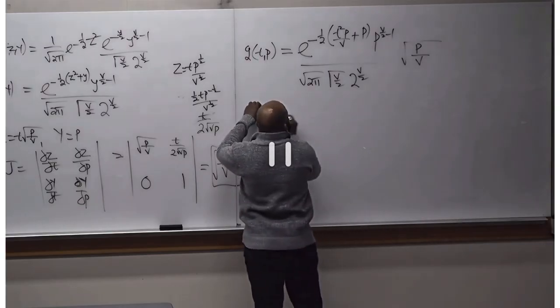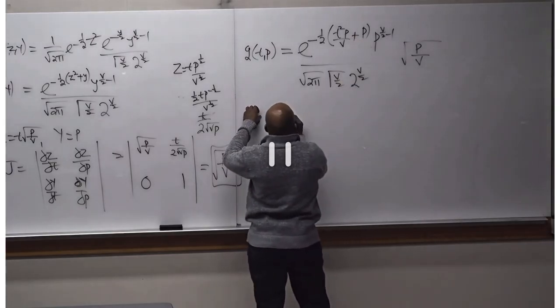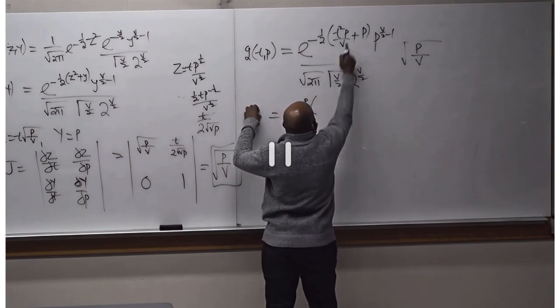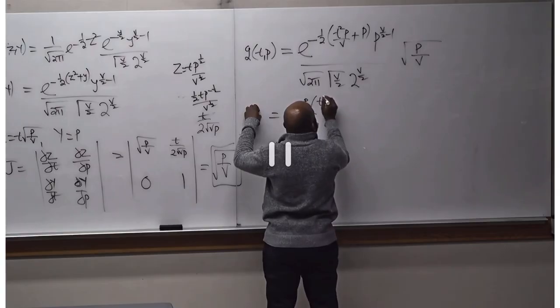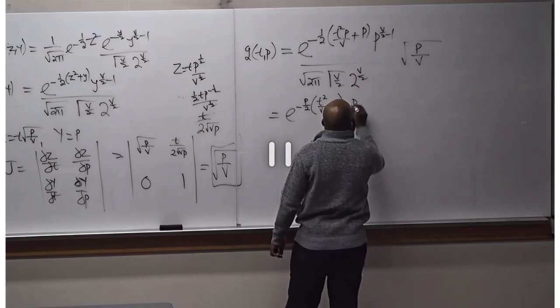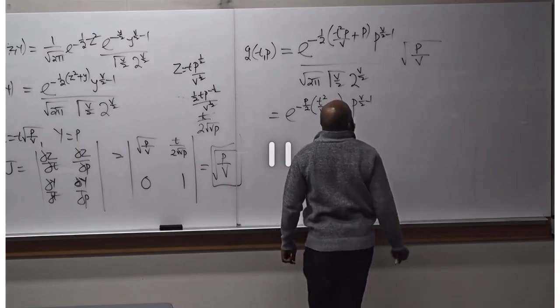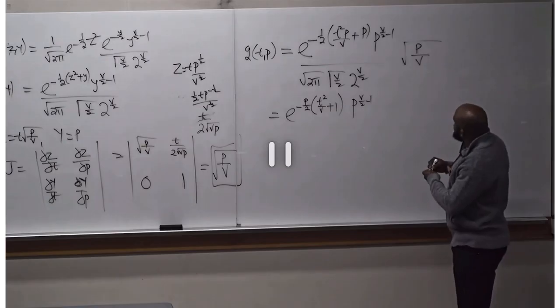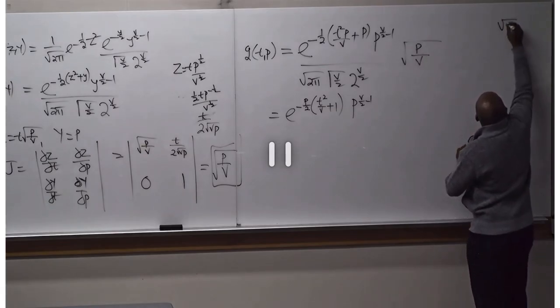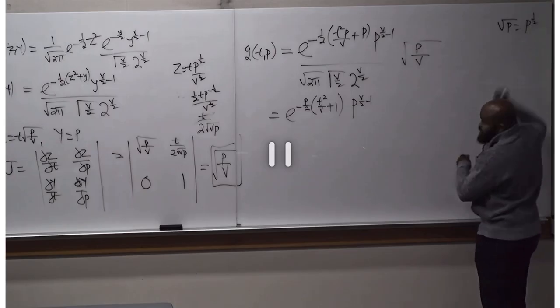Now I want to simplify here. Simplify here, p is common. I'm going to have p divided by 2, p coming out, t squared over v plus 1. And here, p raised to power that. This guy here, square root of p, is the same thing as p raised to power half.